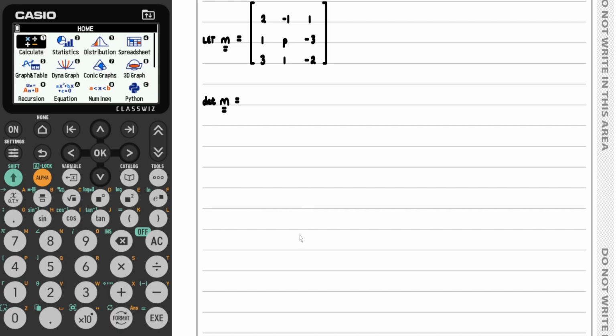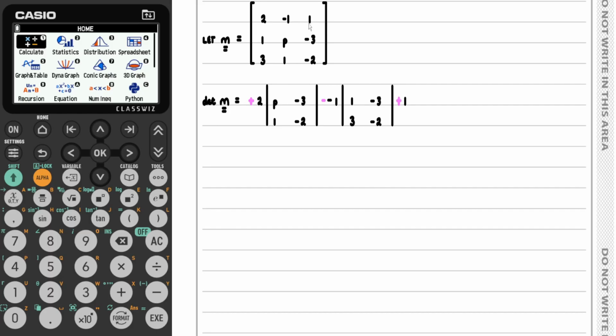So for the determinant of M, we've got plus 2, and then we cover up the first row and the first column, and we take the determinant of what's left over. That would be p, negative 3, 1, negative 2. Then we have minus. Then we've got this negative 1. We cover up the first row and the second column and take the determinant of what's left over, which is 1, negative 3, 3, negative 2.